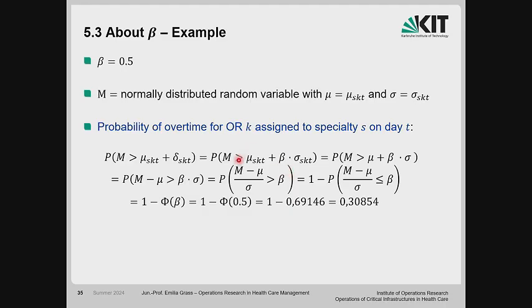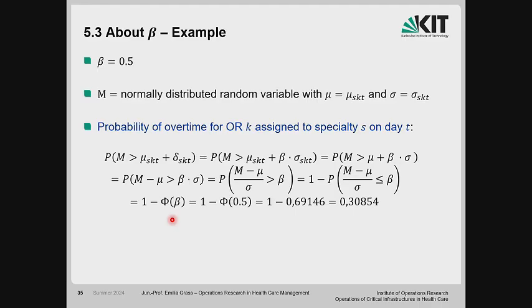But if you look in this table, you find only values for smaller than or equal to beta, and not larger than. Therefore, you simply need the counter probability, so 1 minus the probability that this is smaller or equal to beta, and then you can use the cumulative distribution function of the normal distribution.